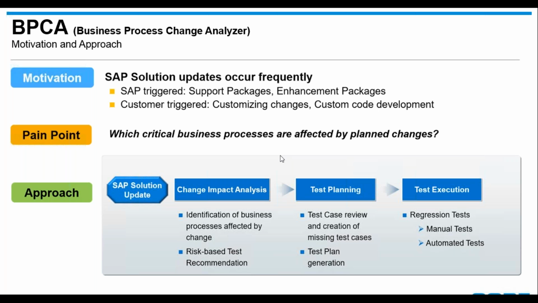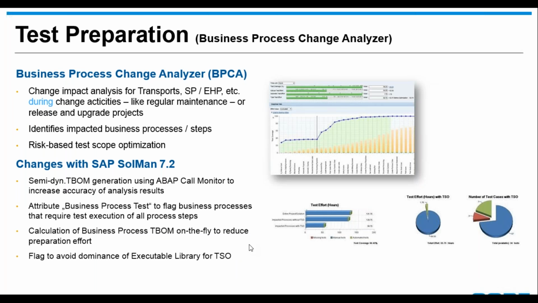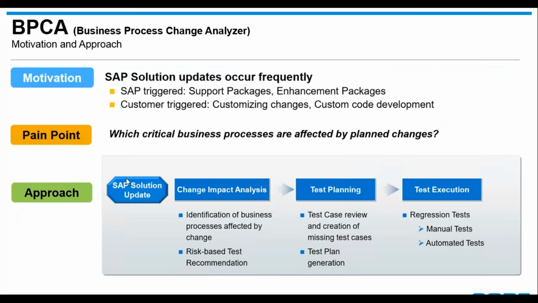It identifies business processes and has test scope optimization for risk-based testing. When you have transports, support packs, enhancement packs, just any transports, you can run BPCA and it will identify the impacted business processes and the business process steps, and then the test scope optimization.